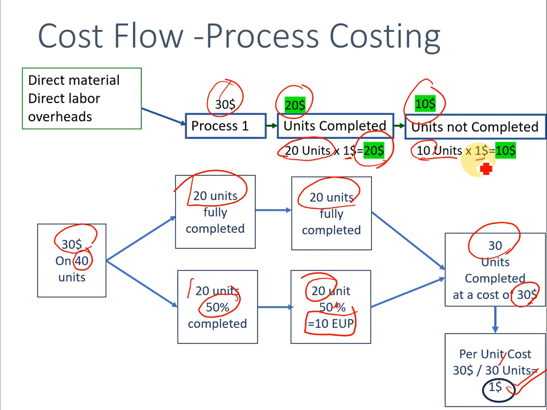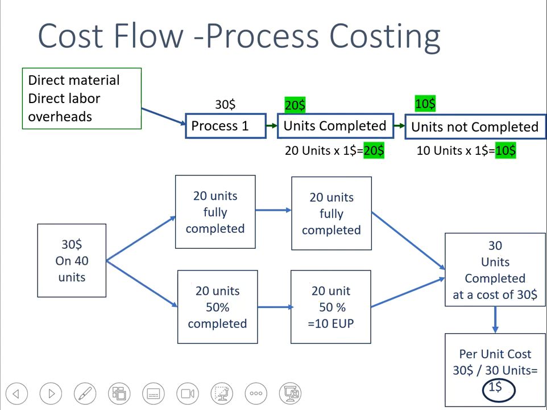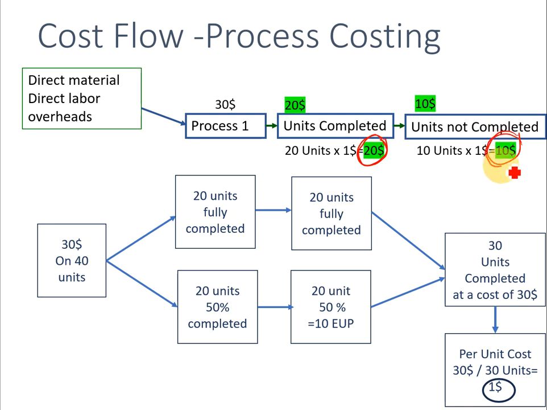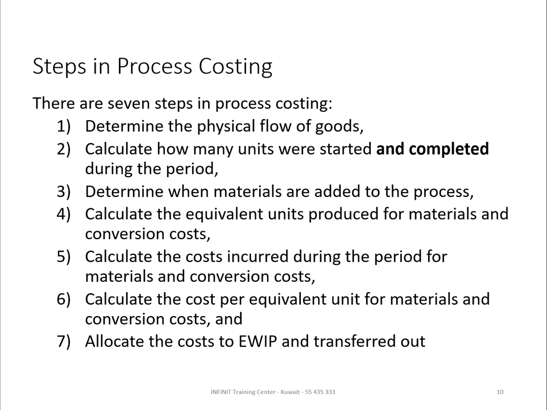So 10 units multiplied by $1, this $10 is the cost of the units not completed. Now that we found the cost of completed and cost of not completed, we can transfer the cost of completed to the next department, or next process. And this cost will stay in the same department, and in the next period we will work on this again to complete these units. So this is the scenario of cost flow in process costing.